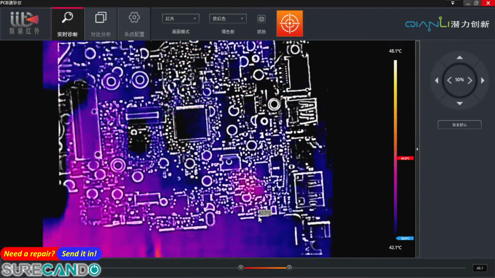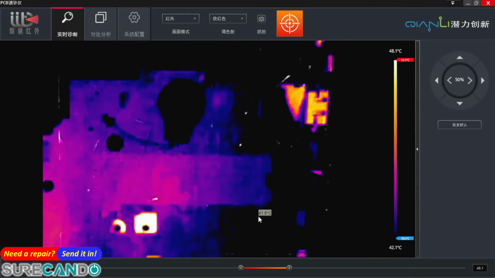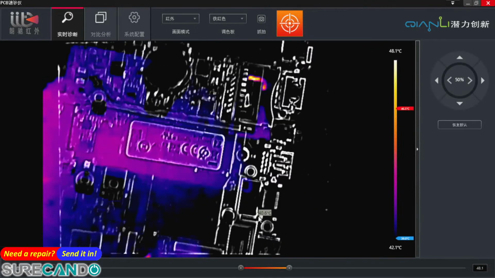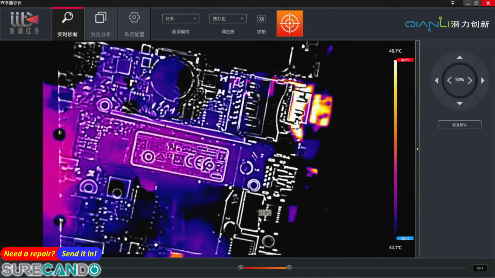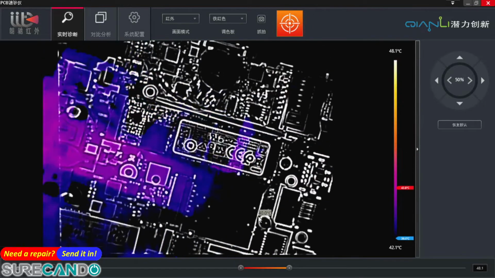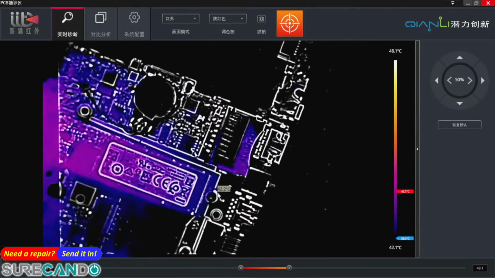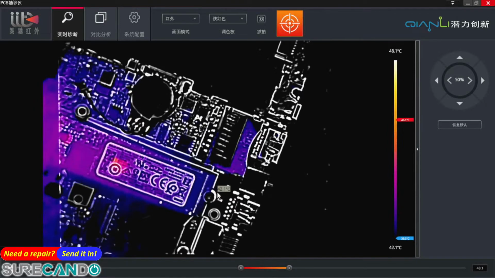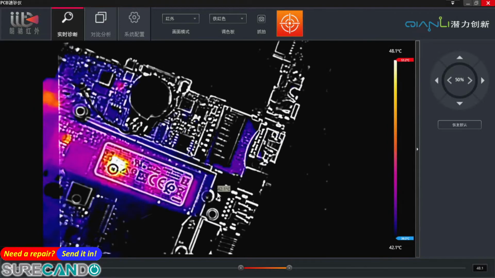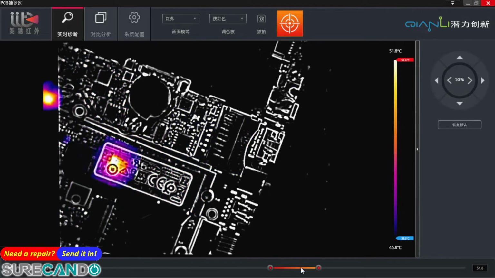Okay, let's go and have a look at the 5 volt buck converter. Okay, here we go. SSD. Really?